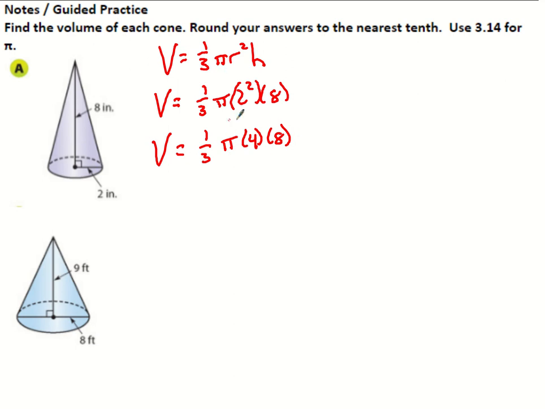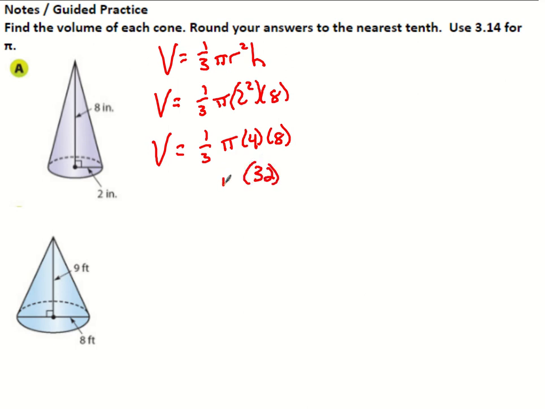Now that I've squared my radius, I look at my values and ask, is 4 easy to divide by 3? No, it isn't divisible by 3, so it's going to give me decimals. Is 8 divisible by 3? Nope. So instead of dividing by 3 right now, I'm going to do 8 times 4, which I know is 32.